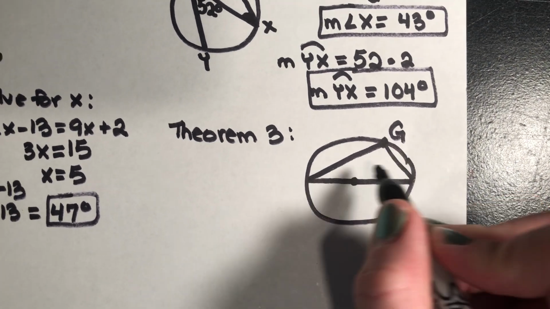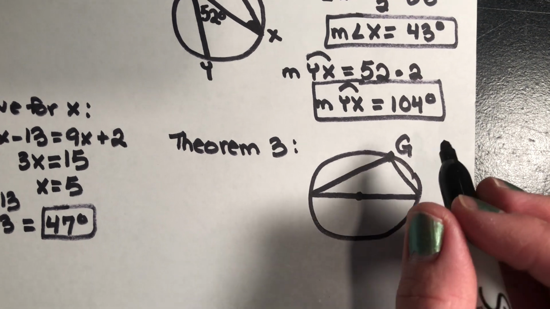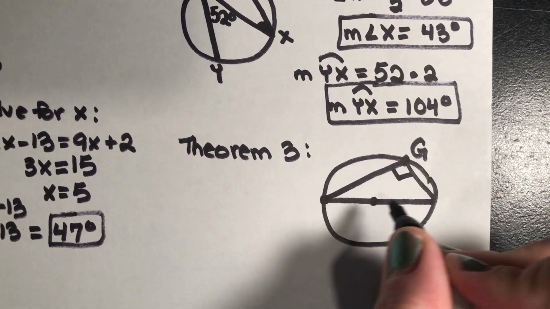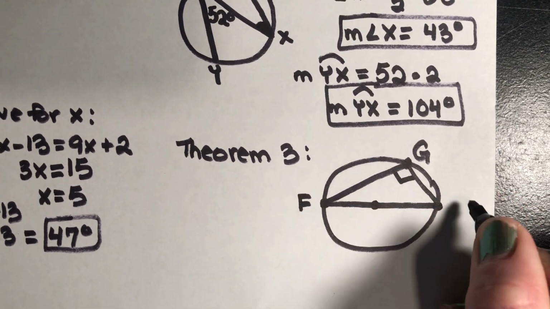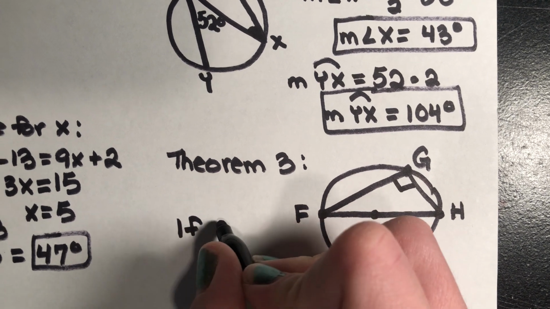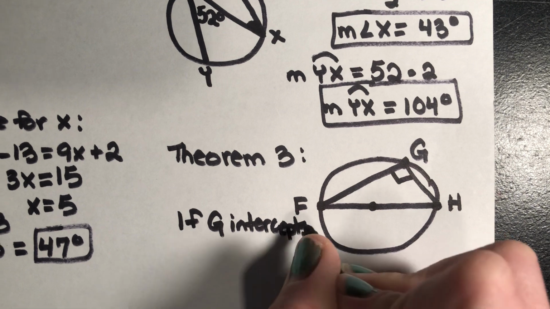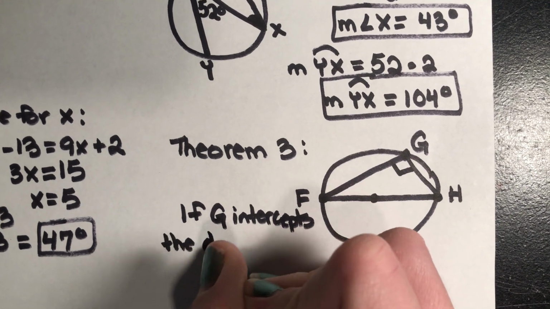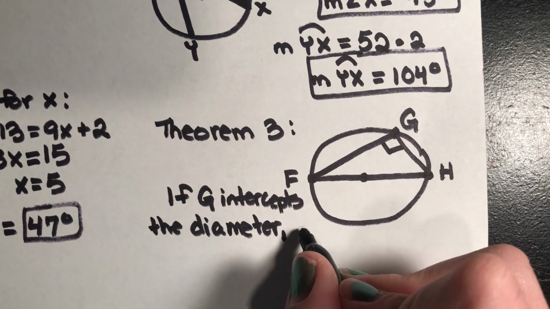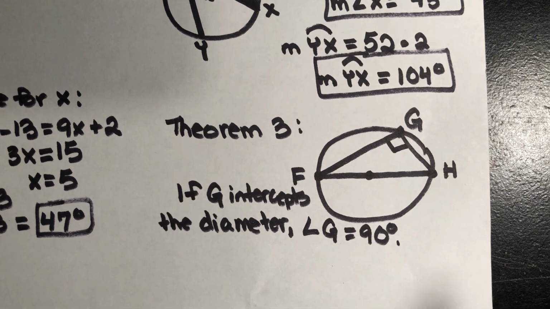If that intercepts the diameter, that means that angle G is 90 degrees. It is a right angle. So we'll go F and H. Our theorem can be written out: if G intercepts the diameter, angle G equals 90 degrees.